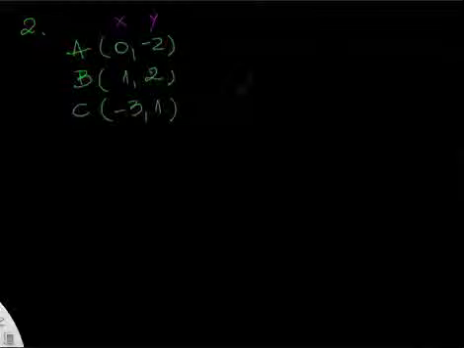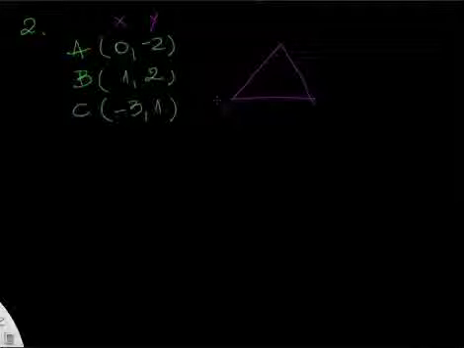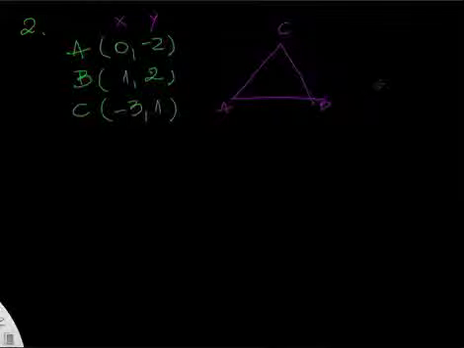Now we know that a triangle has 3 sides and 3 points, A, B, C. So how do I know if this one is scalene, isosceles, or equilateral? Easy, just find the distance between the points. So there are 3 distances that we need to find.